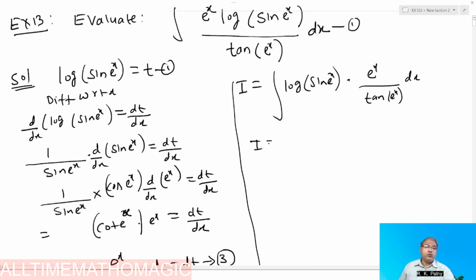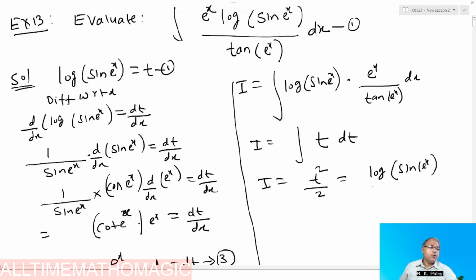From 2 and 3, this is nothing but t, and this part is nothing but dt. Therefore, I equals integration of t, which is t squared by 2. What is t here? T is nothing but log of sin of e raised to x, whole squared, upon 2, plus c. This is the required solution.